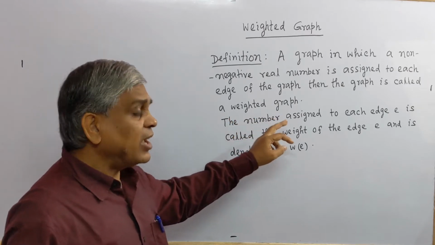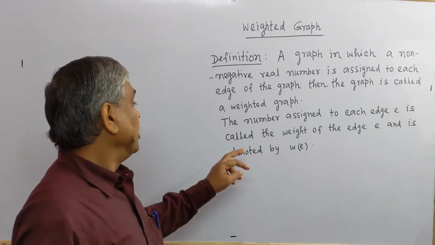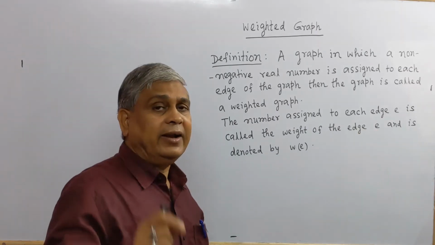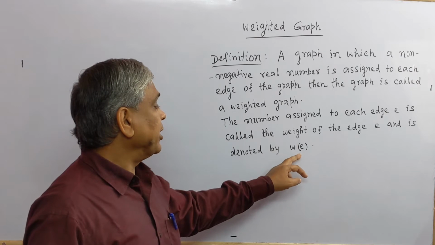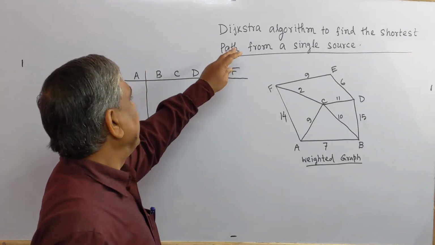The number assigned to each edge E is called the weight of the edge E and is denoted by W(E).